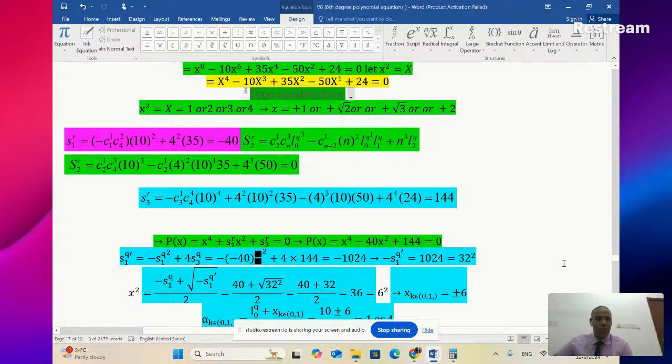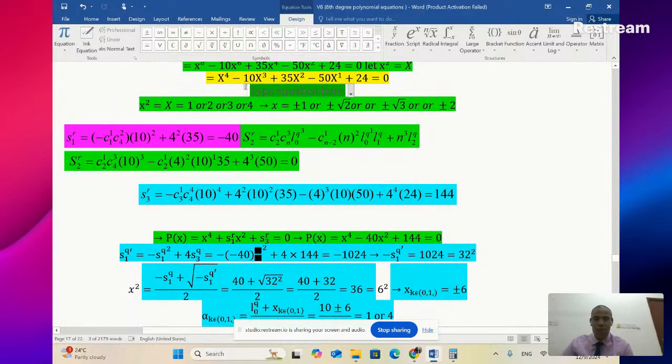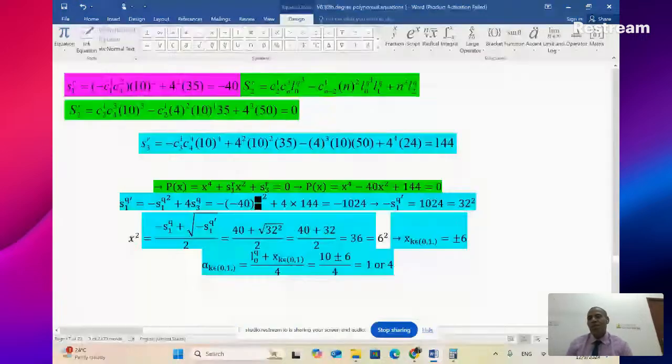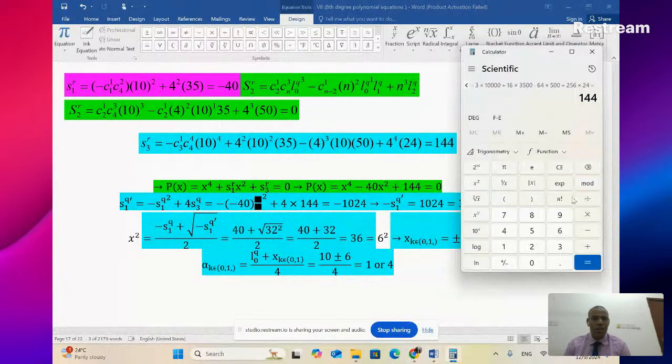I will use the discriminant formula when n equals 4. I will write minus S1 cubed, which is negative 40, because S1 is equal to negative 40, plus 4 times S3. So it will be negative multiplied by negative 40 squared plus 4 times 144. I will use my calculator. I will multiply this by 4, then negative 40 squared.